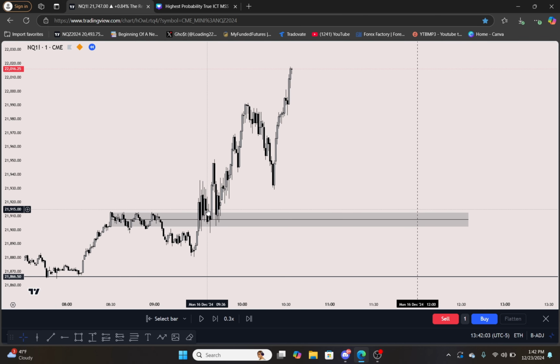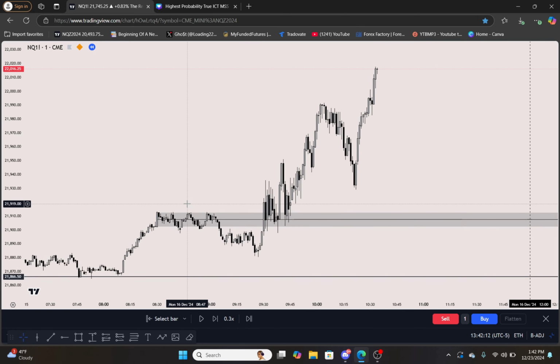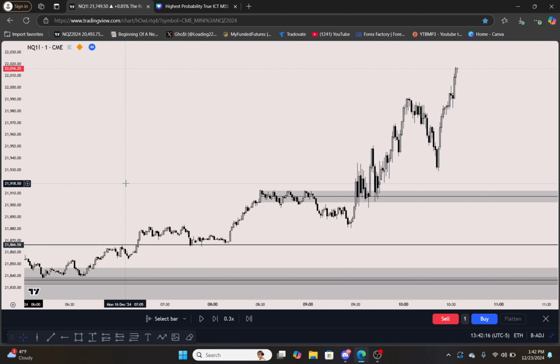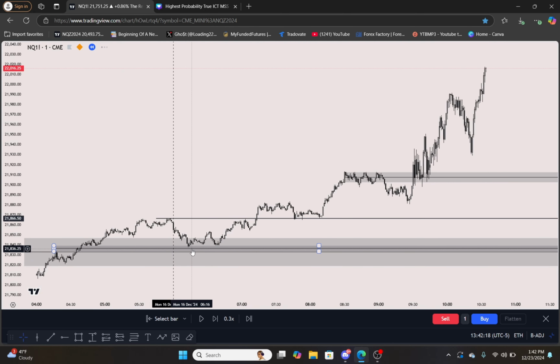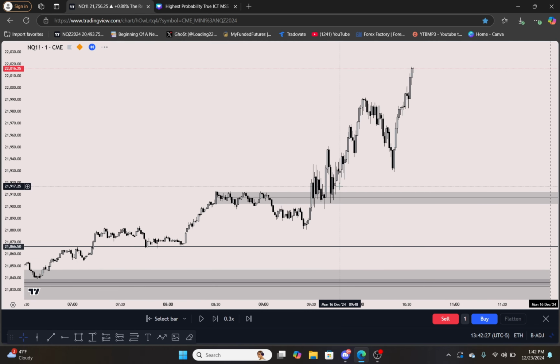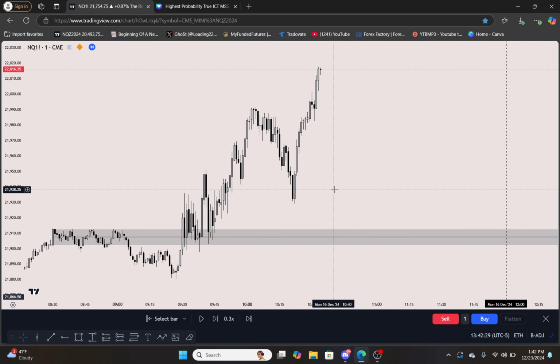Okay, so notice after 9:45, price retraces back into these old highs, being this fair value gap right here as well. Notice you're already extremely bullish on the day. You've already tapped into a 15-minute PD array here. You've already tapped into a 1-hour PD array. Price is continuing higher.